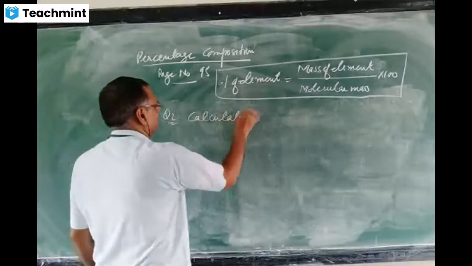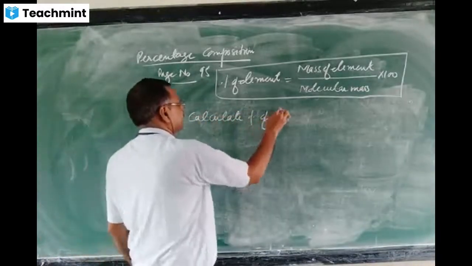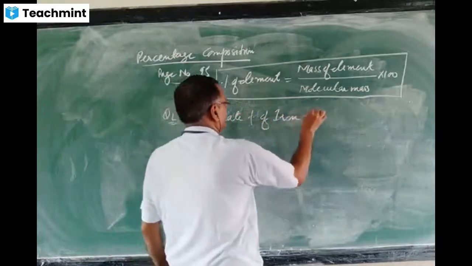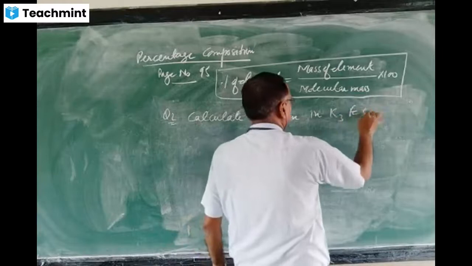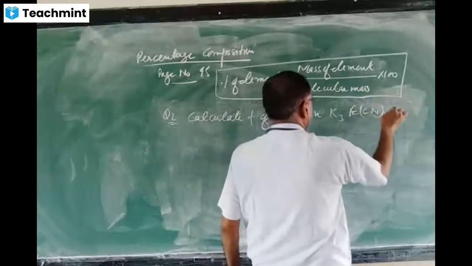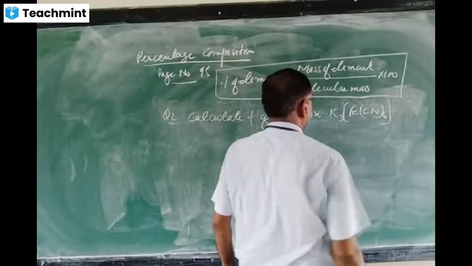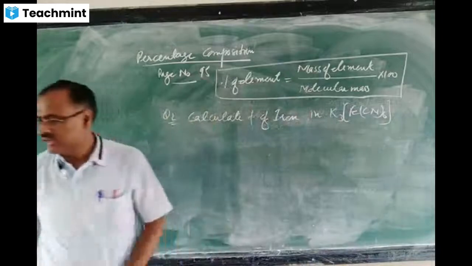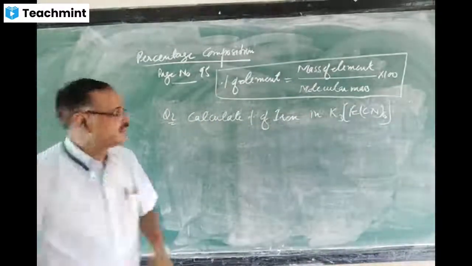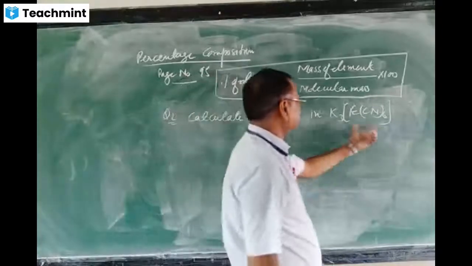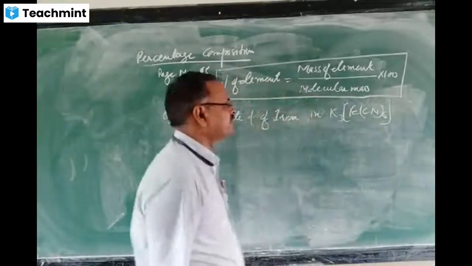Calculate percentage of iron in K3[Fe(CN)6]. This is the complex salt K3[Fe(CN)6]. In the book the bracket is not given, but this is the actual one.